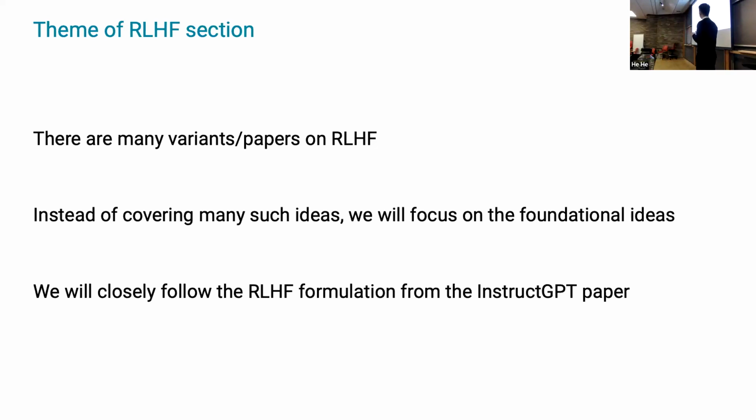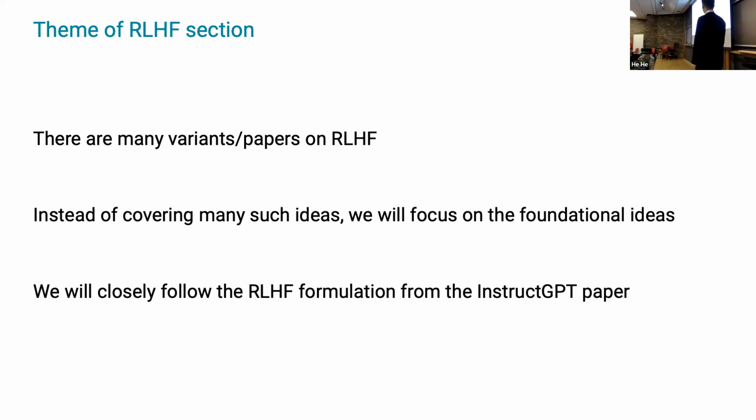Instead of covering as many of those variants and papers as possible, I will cover the foundational ideas. If you internalize those well, then reading those papers will be very trivial, but not the other way around. I think this is always the right thing to do: just find the foundational papers and read them very, very carefully, understand and internalize.